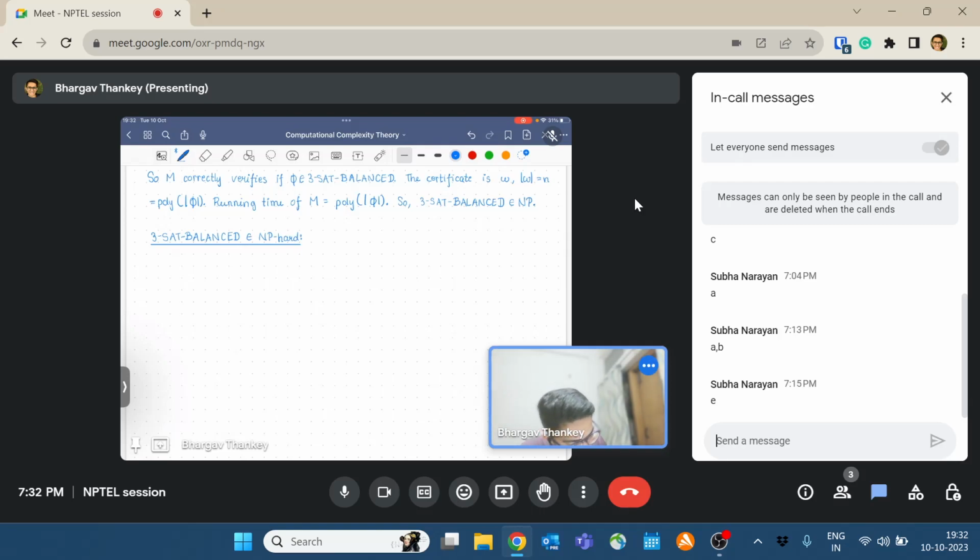So we'll reduce from 3-SAT. The reduction is as follows. So let phi be a 3-SAT instance.